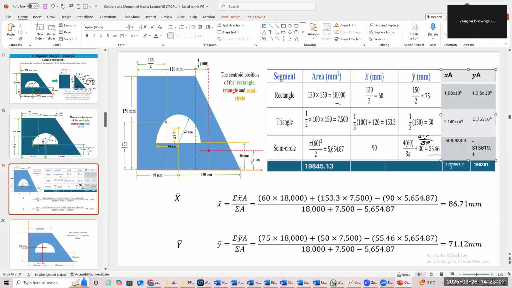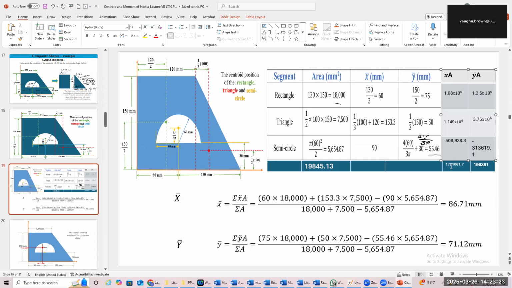Now let's add these over. I was just doing it before. So this is 1.06. We're going to add the X bar column times 10 to the 6 added to 1.149 10 to the 6. All right.